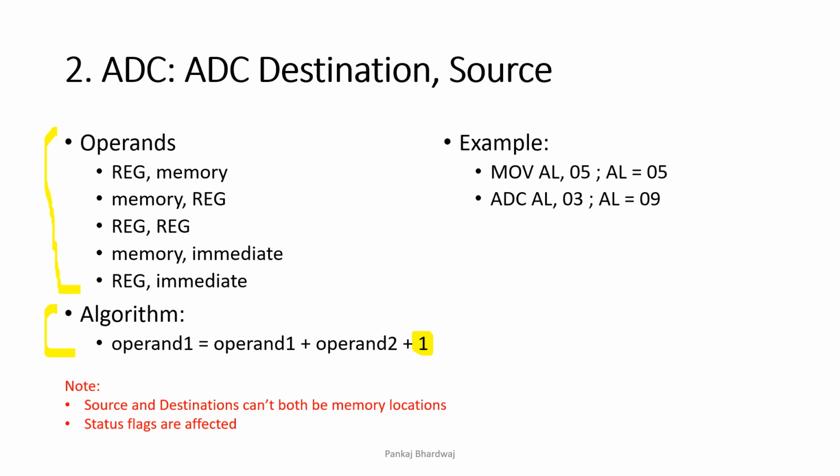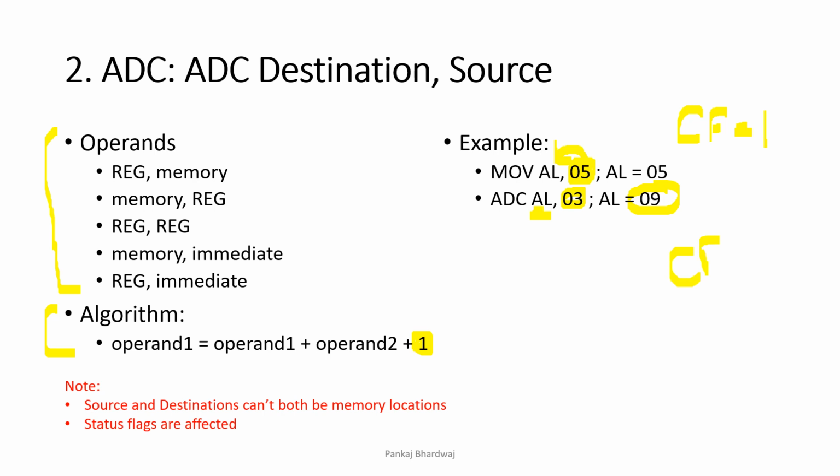So for example, we want to add 5 plus 3 along with the carry. This 5 we first move into AL, and this 3 is immediately added to the contents of AL. So that will be 5 plus 3 plus carry; we have assumed that the carry flag is 1. So when the carry flag is 1, that means 5 plus 3 plus 1, that will be 9.